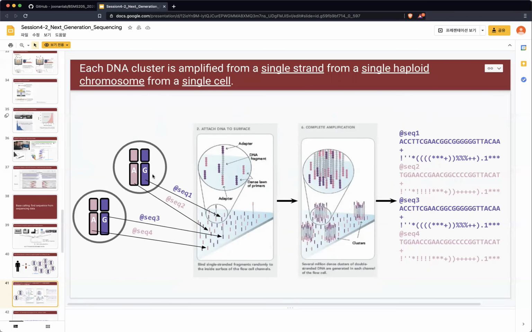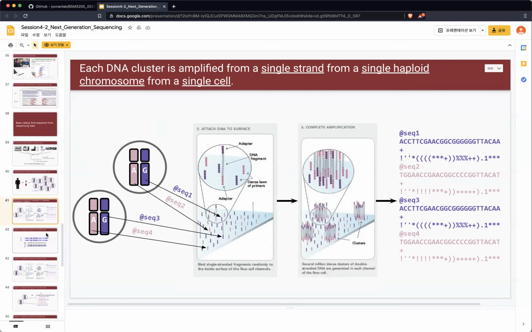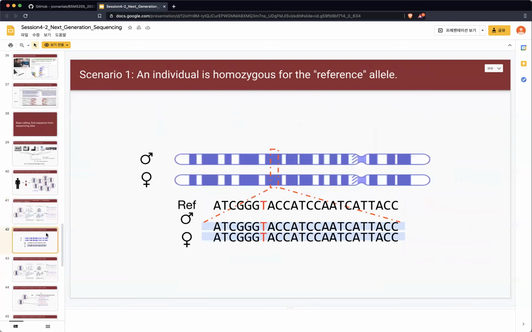Once you get the DNA, you put that DNA into the Illumina sequencing machine. Once you transform it into the library, you put it onto the sequencer to get the DNA sequence information. This person is quite interesting, because if you look at some locus, this is the reference genome, and this is the person's genome, right? We are human, so we are diploid.